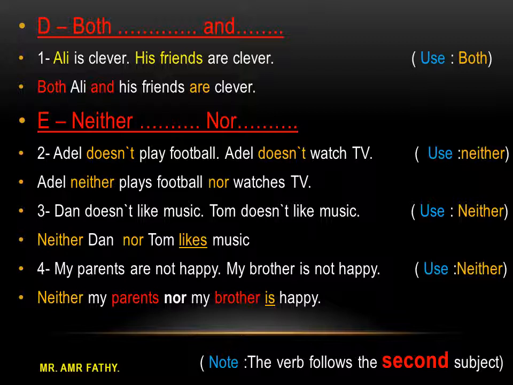Again, if you use not only or neither nor and we have two different subjects, the verb follows the second subject, except as well as. If you use as well as, the main verb follows the first subject. So almost everything follows the second subject except as well as. Clear?